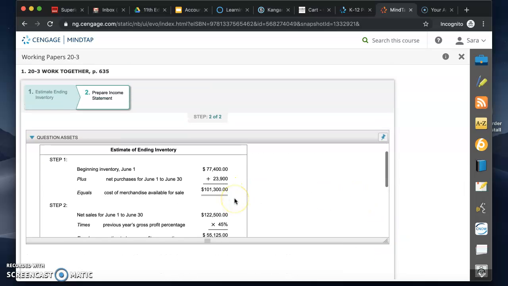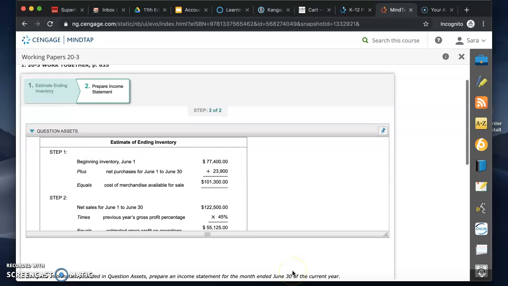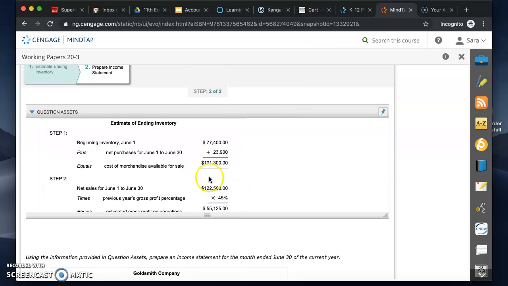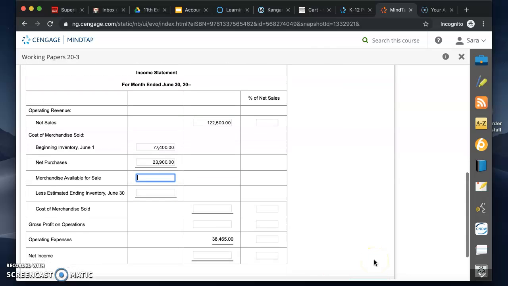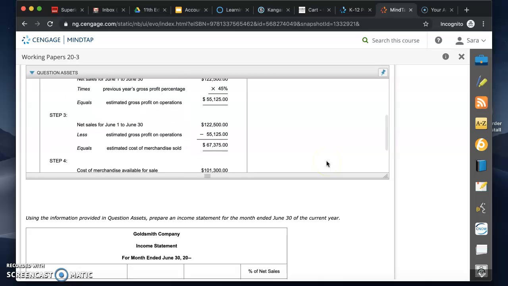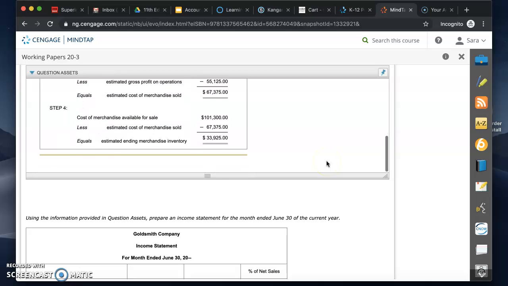And our net purchases, 23,900. Merchandise available for sale, we already added that up here, so 101,300. Our estimated ending inventory is here at the end, so the 33,925.